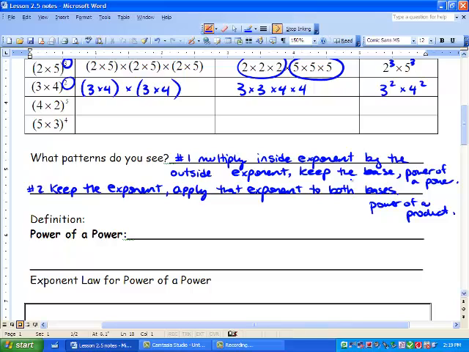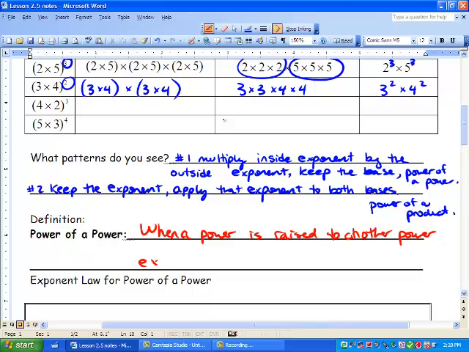All right. So now let's go into the definition of a power of a power. When a power is raised to another power, so basically, power of a power is when a power is raised to another power.